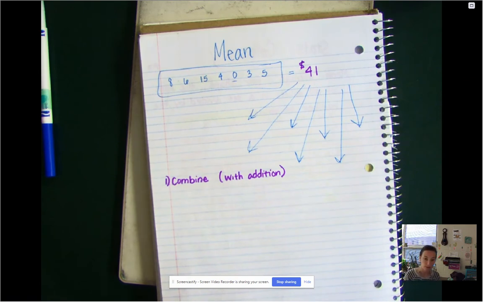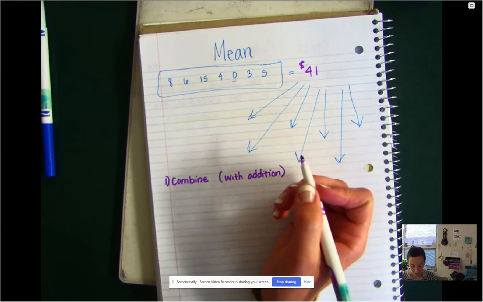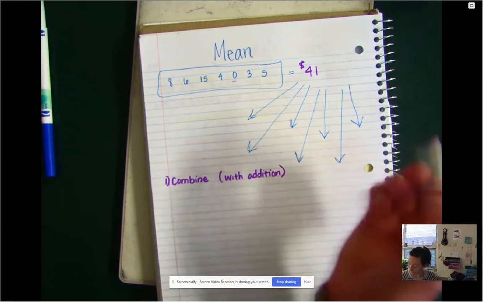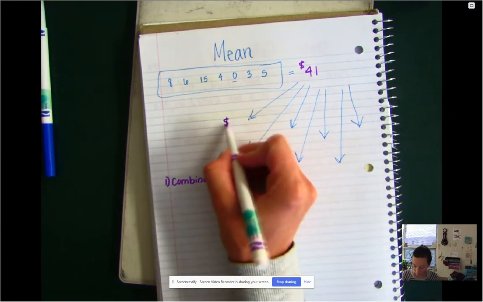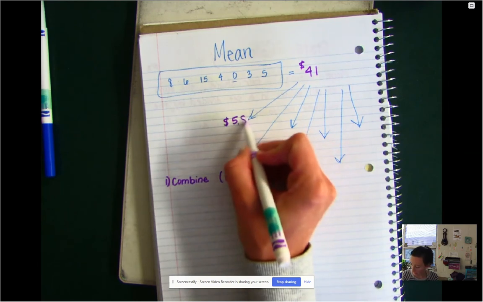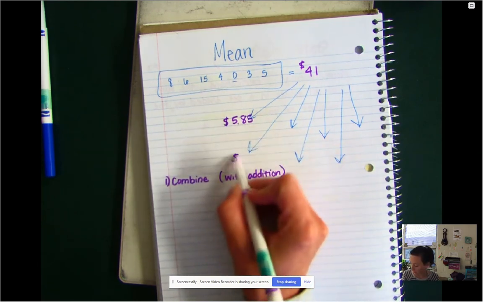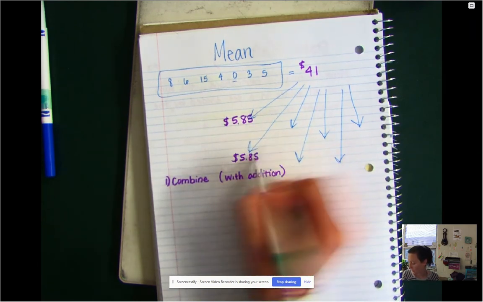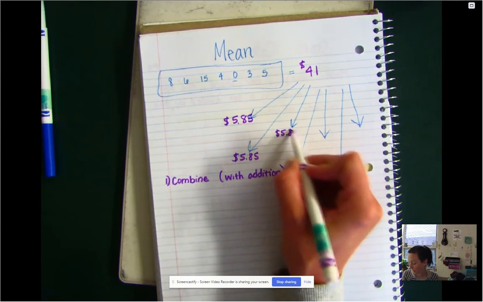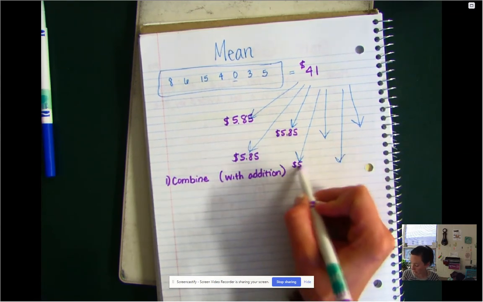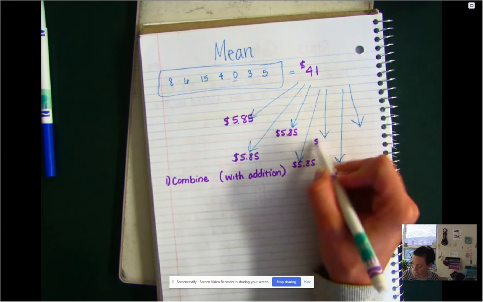So let's round to the nearest hundredth. So each person will get $5.85. So $5.85 goes to each one of them, because that is the mean.